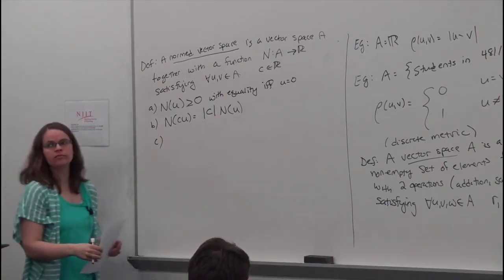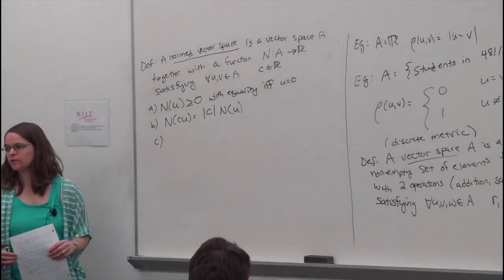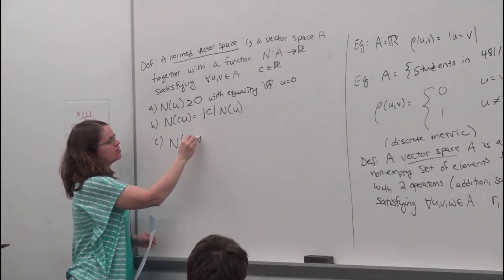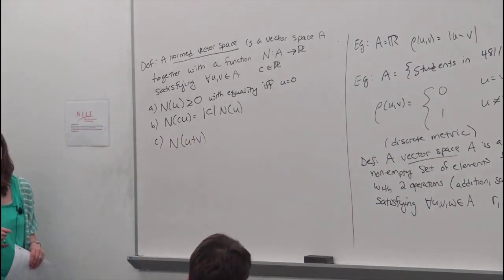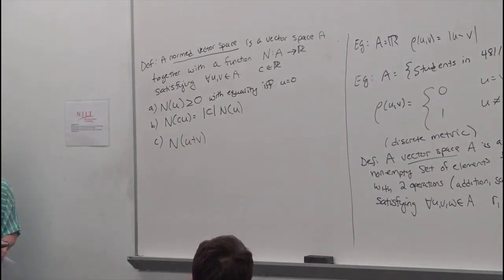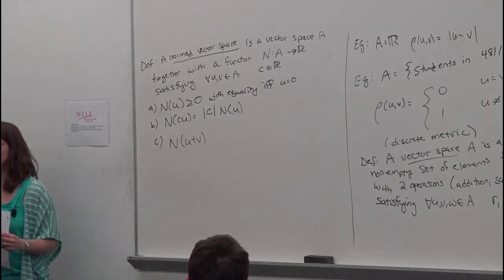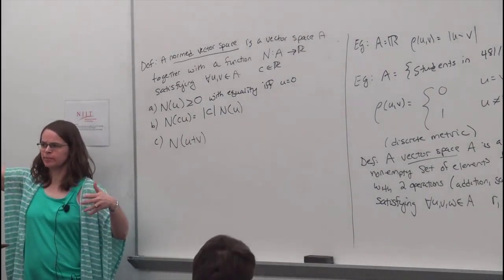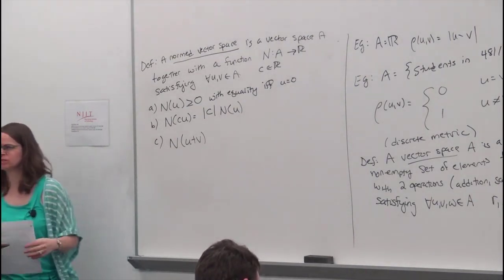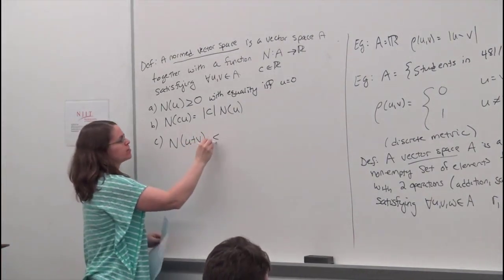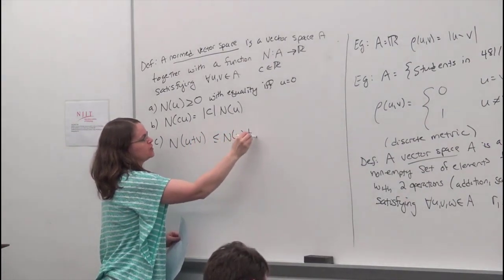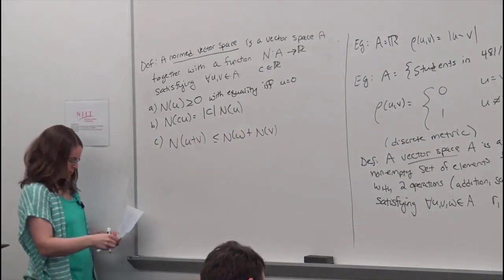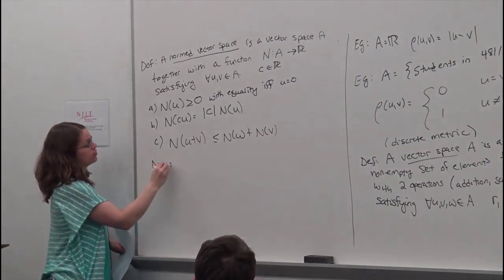And then again we have something that looks like a triangle inequality. If we take the object u plus v and look at its size, well, things might combine to make it bigger, or there might be some cancellation that makes things smaller. This is going to be less than or equal to norm of u plus norm of v. And we write that n is a norm.